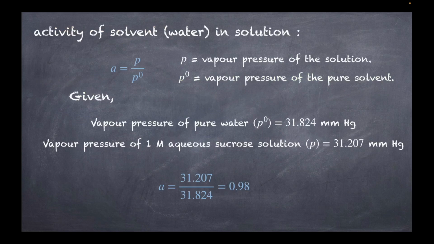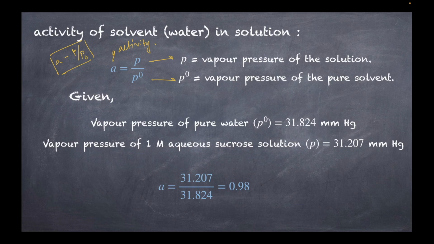Now the expression of activity is A equal to P divided by P0, where A is the activity and P is the vapor pressure of the solution and P0 is the vapor pressure of the pure solvent. That means in this case the solvent is water. So the activity is basically the ratio of vapor pressure of the solution and the vapor pressure of the pure water.